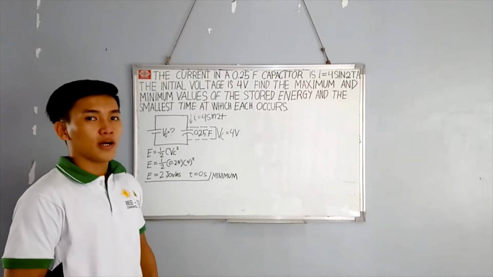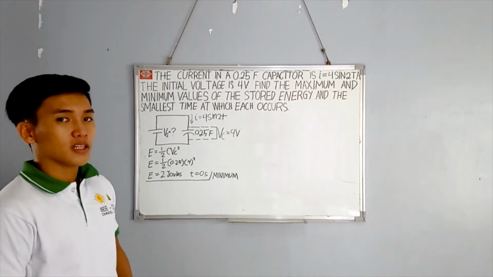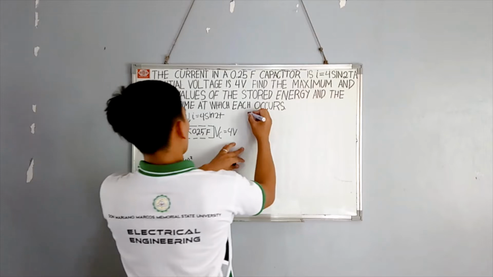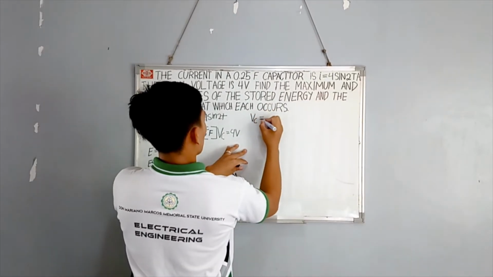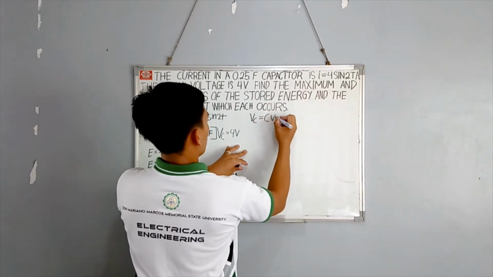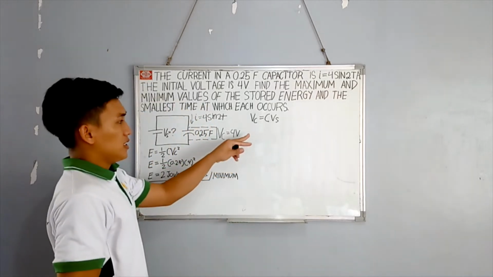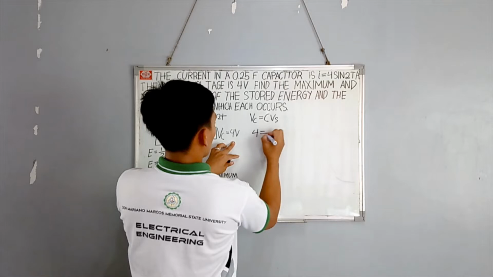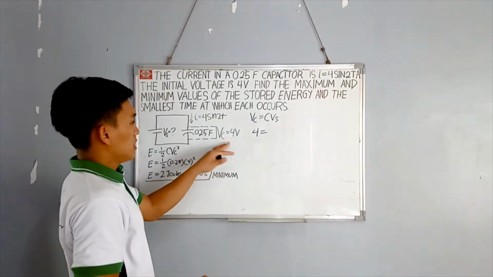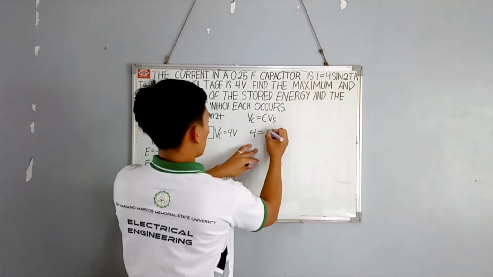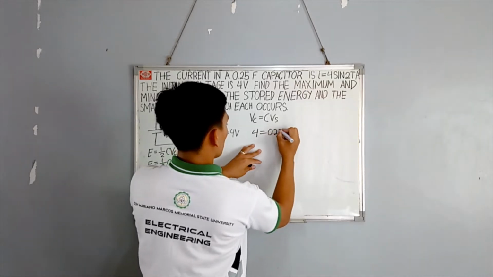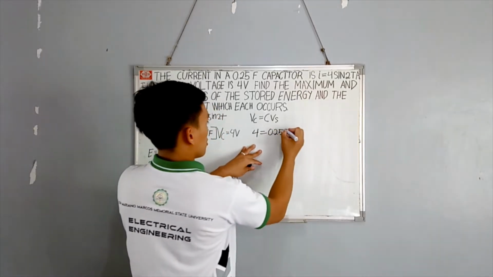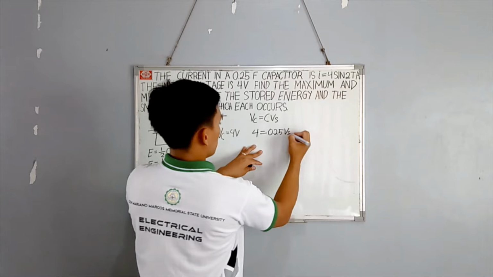To get the value of the voltage source, the formula that we will use is Vc = C times Vs. The value of Vc is 4 volts and the value of the capacitor is 0.25 farad, times the voltage source, which is unknown.